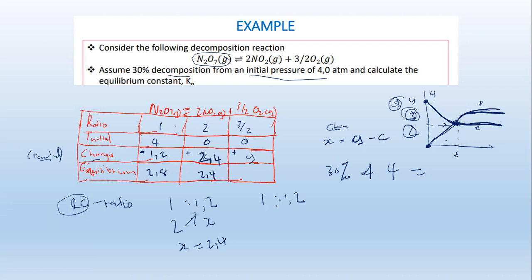So my ratio there is 3 over 2 is to Y. Therefore, I'm cross multiplying: 1 multiplied by Y is Y, and then 3 over 2 multiplied by 2 is going to be 3 atmosphere.